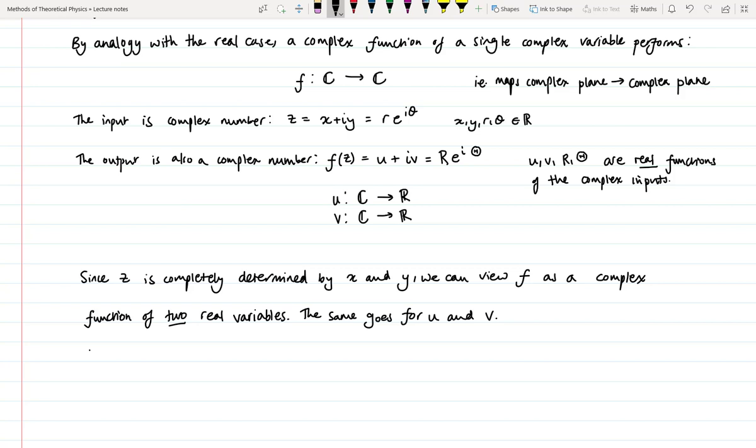In other words, we can write our function of the complex number z has a real part, u, which is a function of two real variables, and an imaginary part, v, which is also a function of two real variables. So u is a mapping from two real numbers to one real number, and the same goes for v.